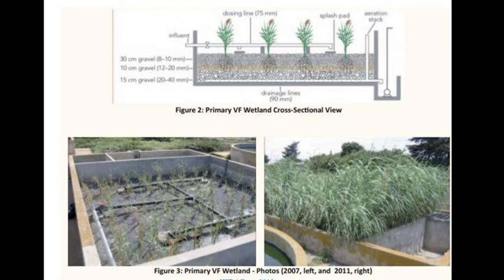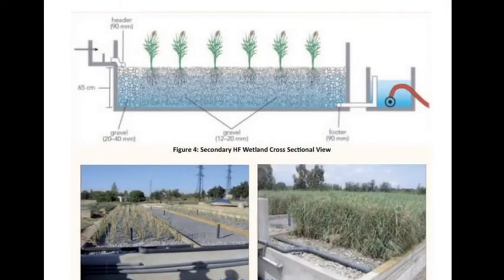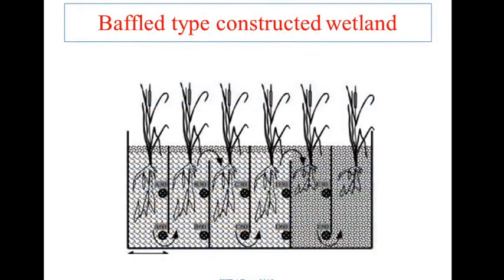This is the structure of the vertical flow wetland plants. Water is supplied from the top, and the drainage system at the bottom collects the treated wastewater. This is the secondary horizontal flow wetland cross-sectional view.